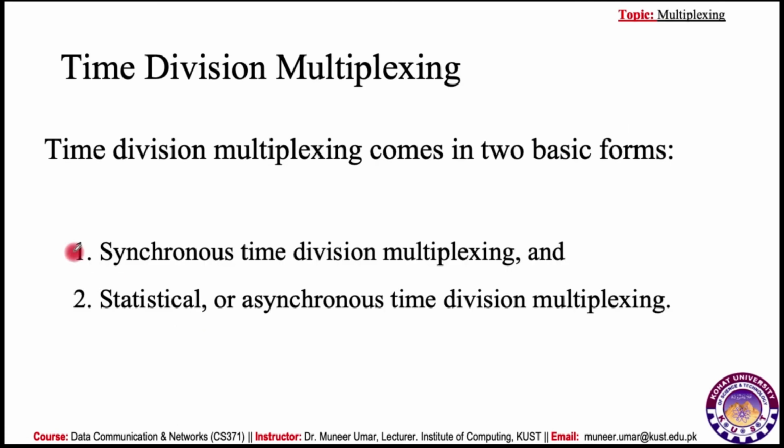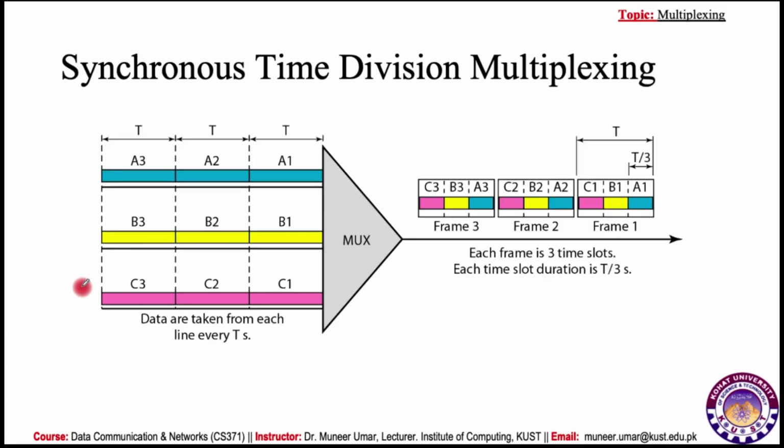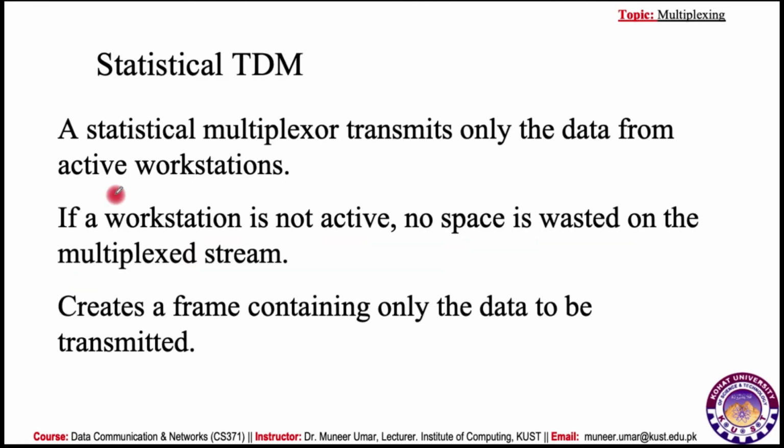So this was about synchronous time division multiplexing. Now we are moving towards statistical or asynchronous time division multiplexing. A statistical multiplexer transmits only the data from the active stations. Actually, there was an issue with synchronous time division multiplexing.